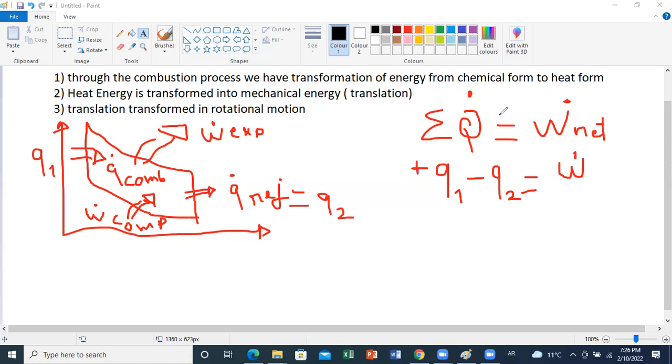However, because you are putting sum of Q dot equals sum W dot, for W dot you are using the opposite convention. Every work that is produced by the system is positive. Every work rate that we put on the system is negative. So it's plus W dot expansion and minus W dot compression.